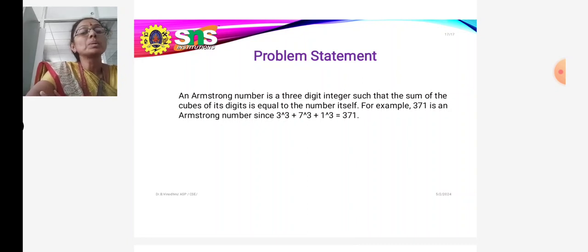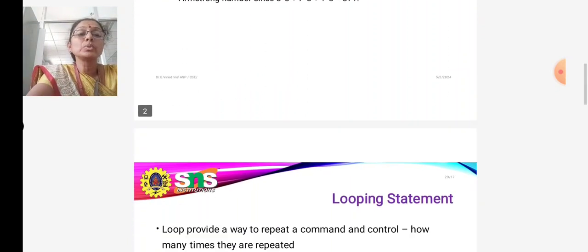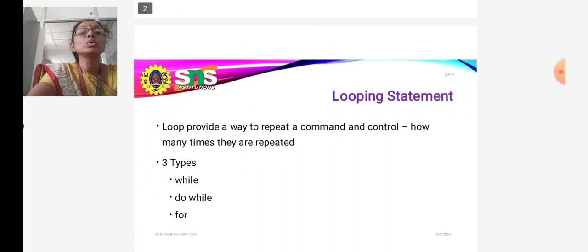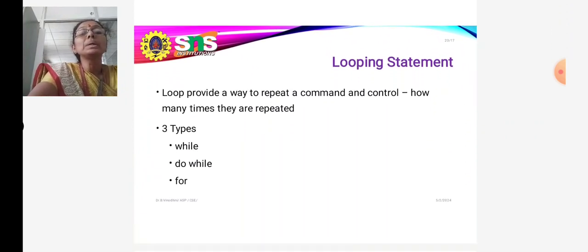But our problem statement is how we can implement the while loop concept in this Armstrong number implementation. Before going into that, we should know what looping is. Looping is a way to repeat a command or control flow many times.